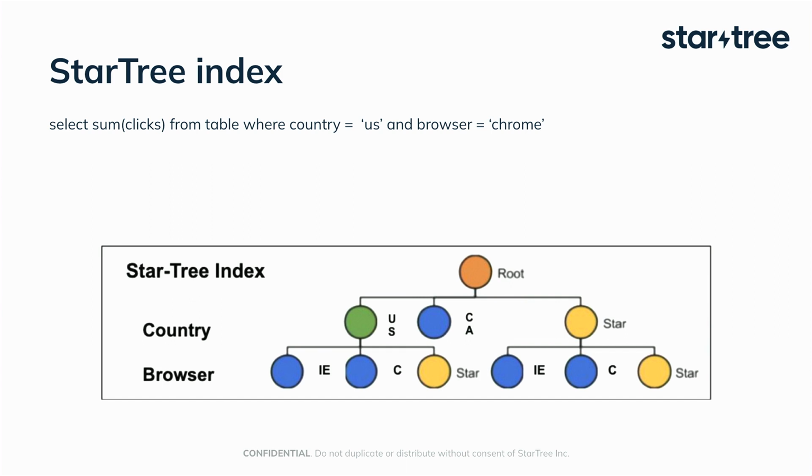Or you can simply create a StarTree index. What StarTree index does is it's basically a form of pre-aggregation during the ingestion time itself. So when you are ingesting the data, you can mention, I will perform the query where I will gather the sum of this column, and the dimensions I want are country and browser. So it will create a sort of tree structure and pre-aggregate some of the data for which it knows it won't see something new.